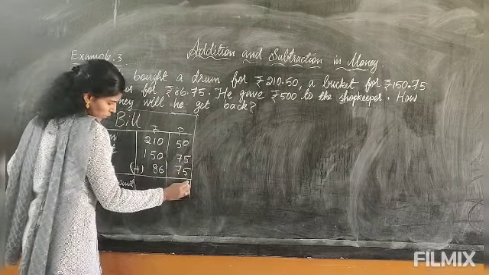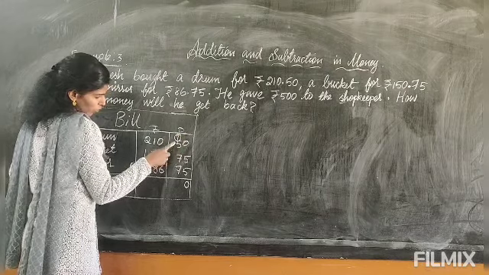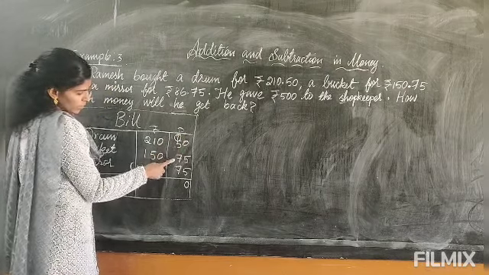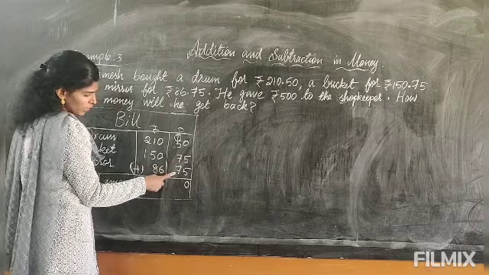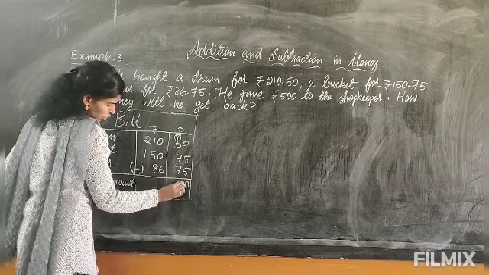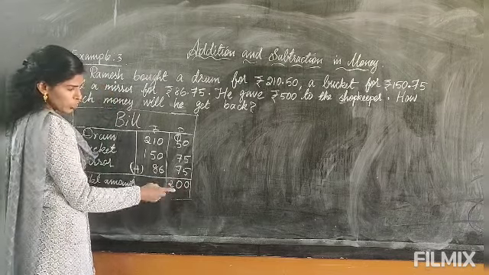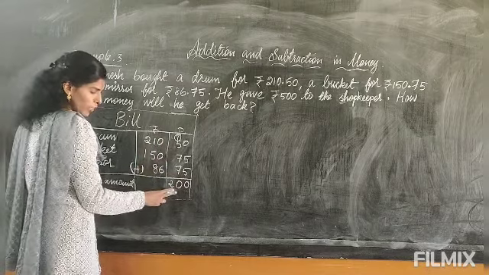5 plus 5, 10. So 0 you will write, and 1 you will carry here. Now 1 plus 5, 6, 6 plus 7, 13, 13 plus 7, 20. So 0 you will write; you will not write 20 here. In the paise place, you have to write only 2 digits, you will not write 3 digits.